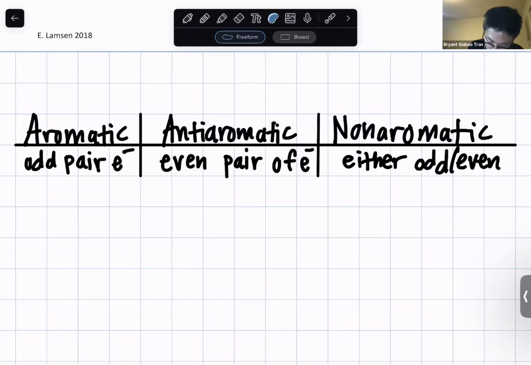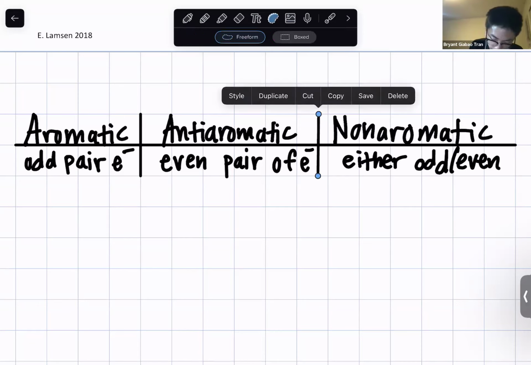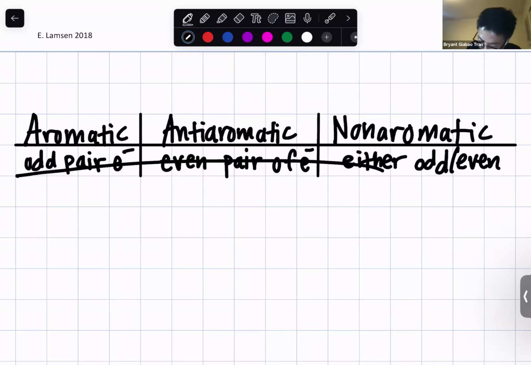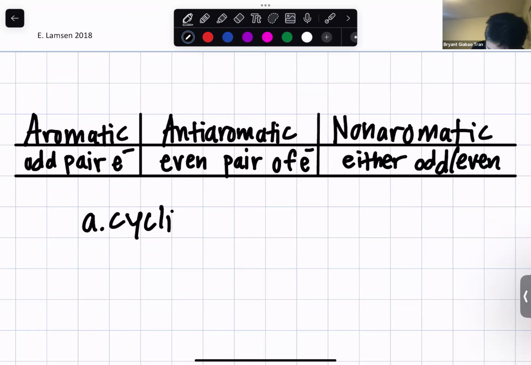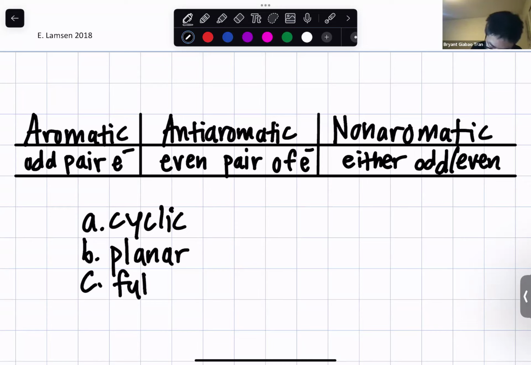Right. So to be considered aromatic or anti-aromatic, you need to fulfill three conditions. They need to be cyclic, in a ring. They need to be planar. And the last condition is that they need to be fully conjugated, meaning that they could do resonance throughout the whole ring.